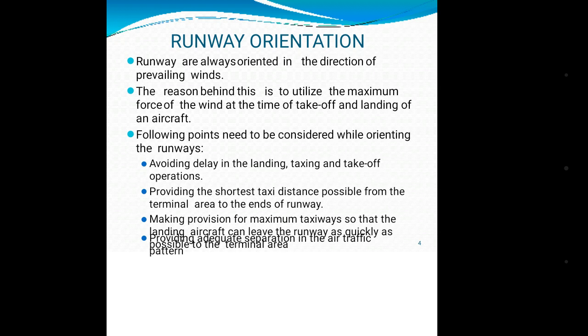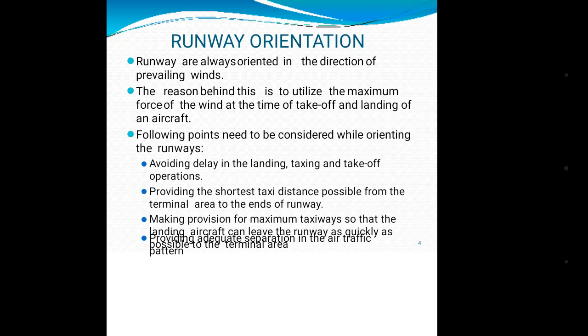Then the following points need to be considered while orienting the runways. What are the different points which we are going to consider? Avoiding delay in landing, taxiing and takeoff operations. Then providing the shortest taxi distance possible from the terminal area to the ends of the runways.